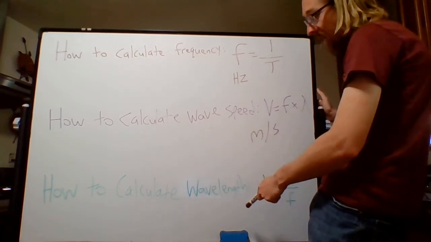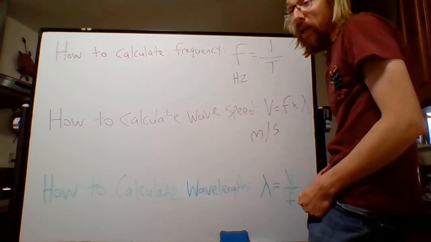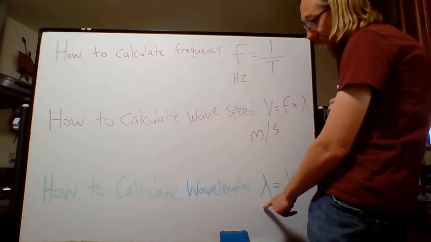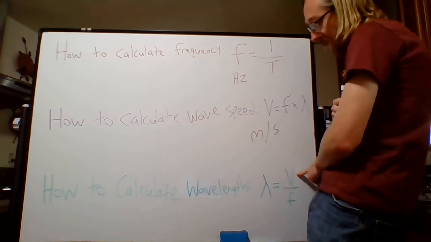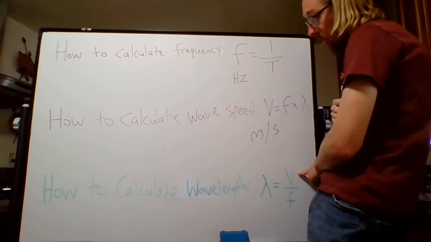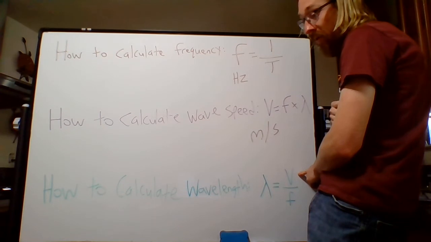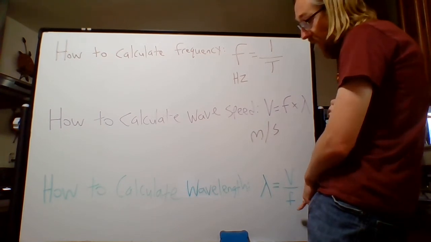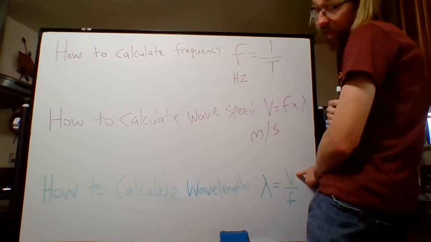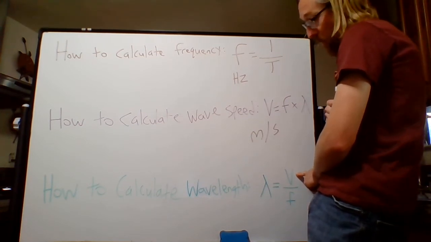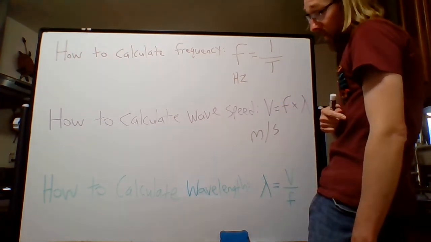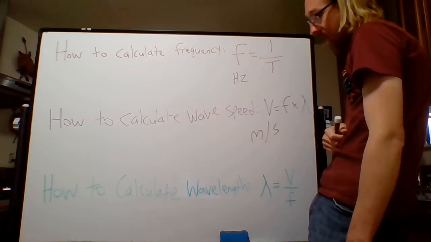If it asks you, what is the wavelength, you use this formula: lambda equals speed divided by frequency. You'll know you're given a speed when you're given a number in meters per second, and a frequency when you're given a number in hertz. You take the number that's in meters per second, put it first, hit divide, and then put in the number that's in hertz. And that's how to calculate wavelength.